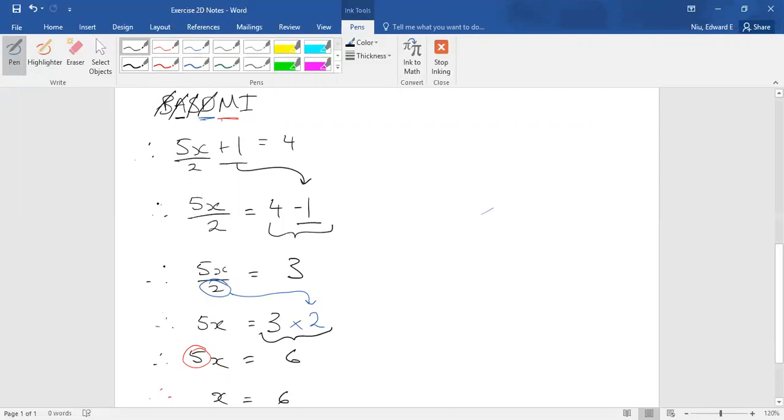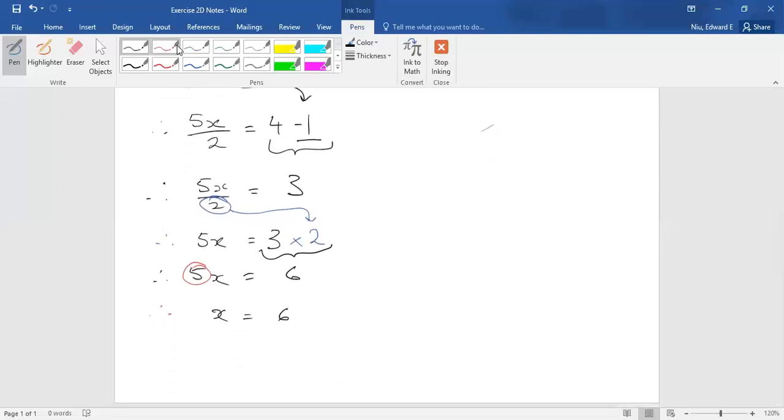So on the right side now, this 5 is going to transfer as division. Previously it was multiplication, we throw it to the other side, and it turns into division.